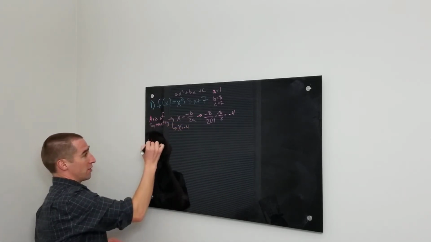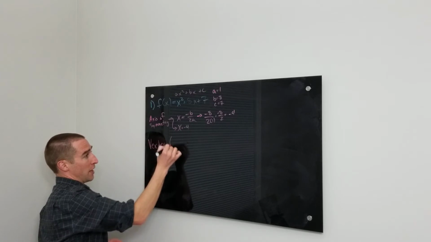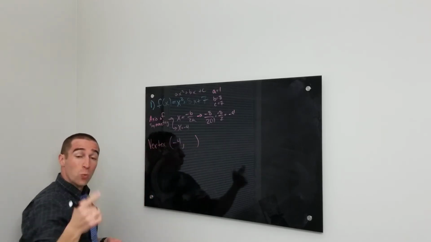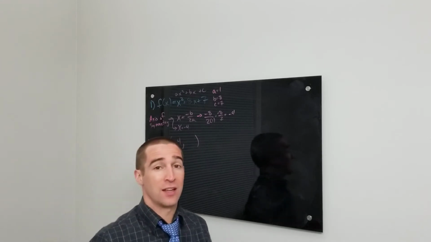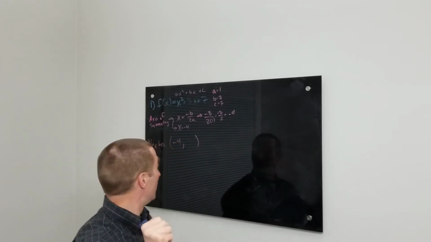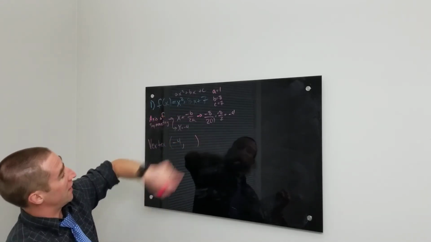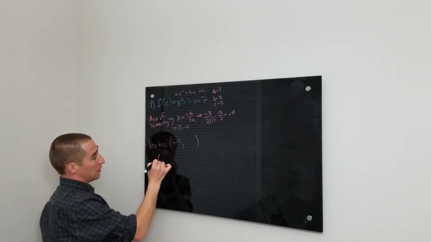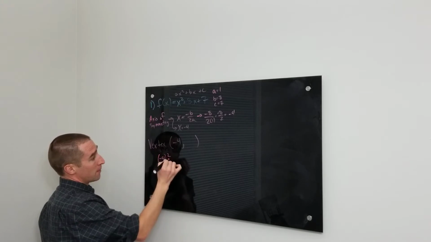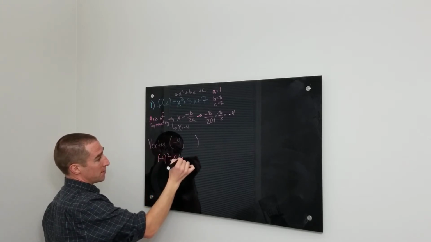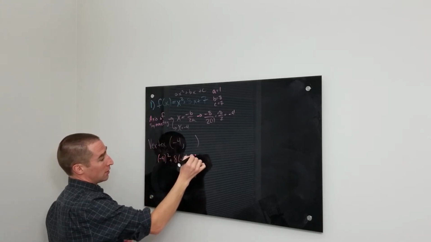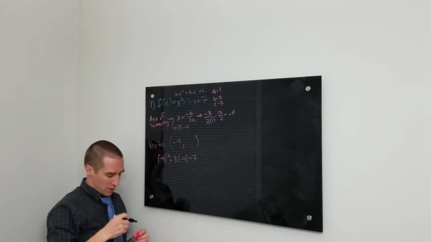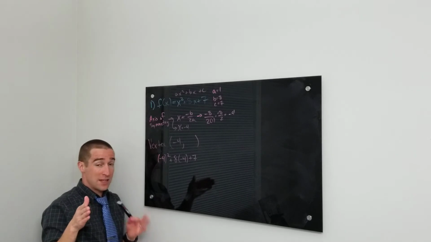Now that tells us our vertex is going to be at negative 4 comma y number. The way we find the y number for the vertex is we take that negative 4 and we put it in for x. So I'm going to go negative 4 squared plus 8 times negative 4 plus 7. Negative 4 squared, remember, is negative 4 times negative 4.